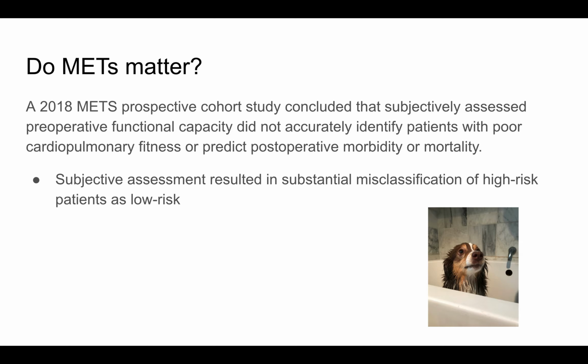Their concern is that the subjective assessment resulted in a substantial misclassification of high-risk patients as low risk. And those are the ones you're worried about, patients that should be high risk but were classified as low risk because maybe they can ski or do something else. But as we all know, those patients also have heart attacks. So it wasn't a great indicator, unfortunately, as we once thought, at least in this one study that was recently released.